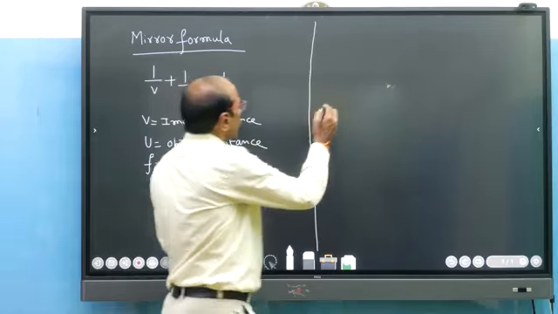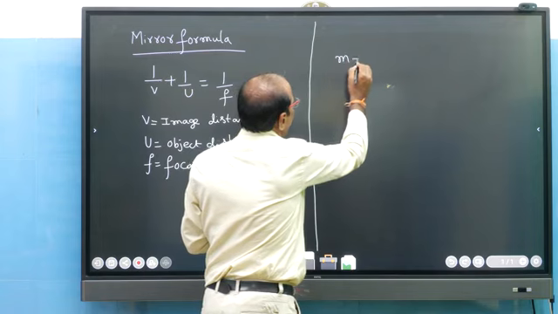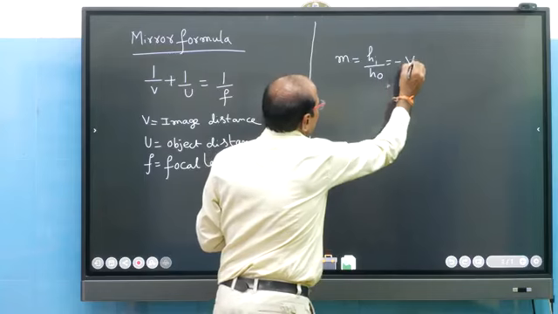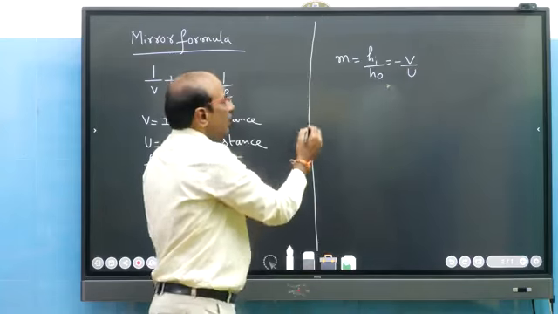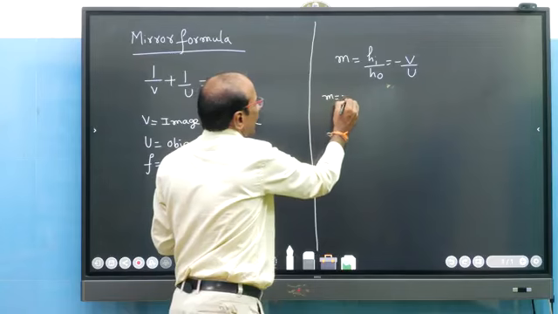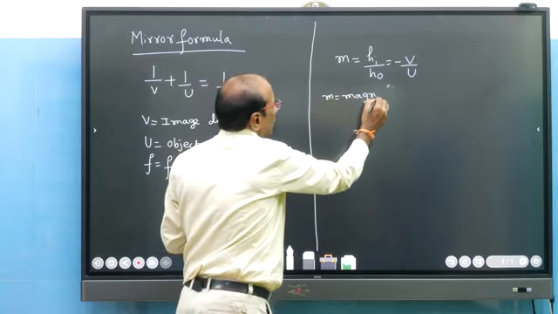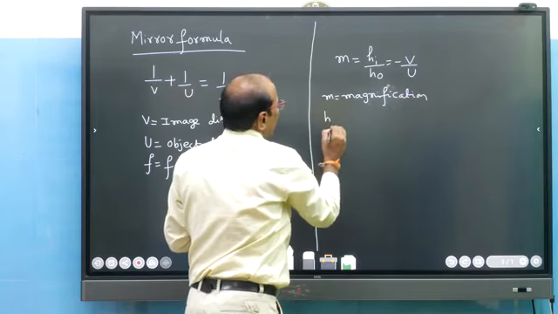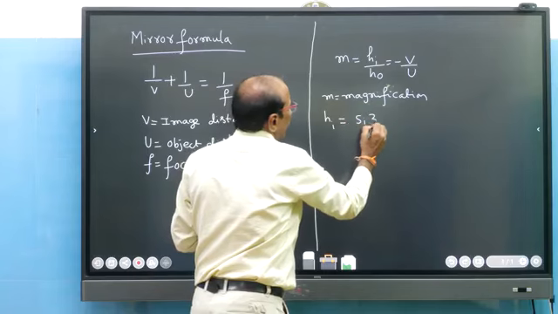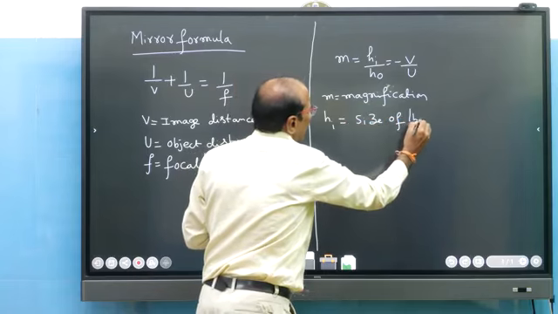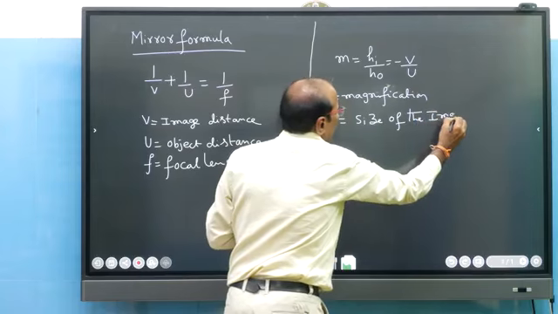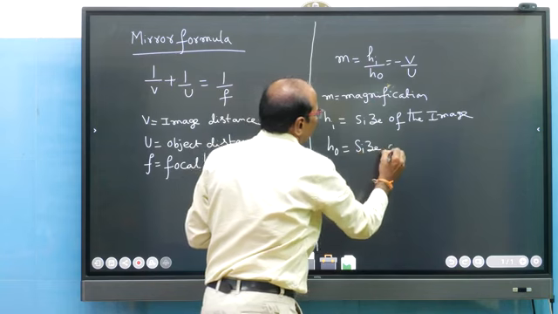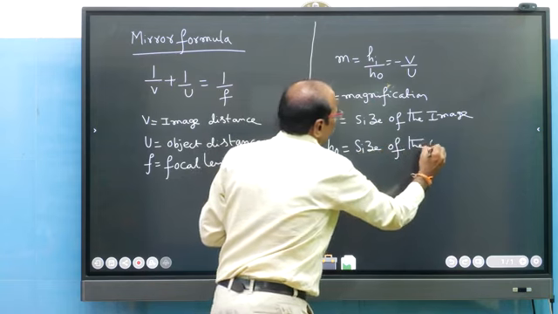Another formula we will use is magnification. Magnification m equals the height of the image over the height of the object, which equals minus v by u. m is called magnification. hi is the size of the image. ho is the size of the object.